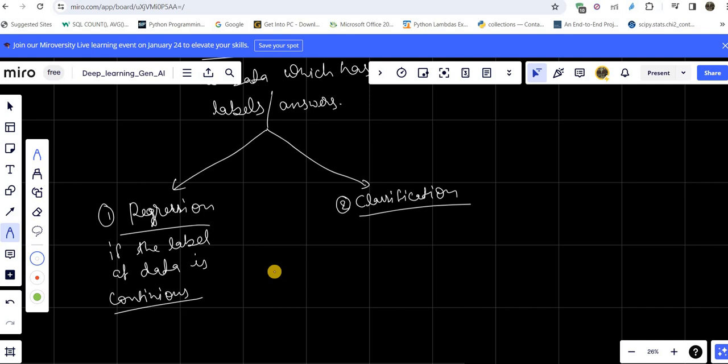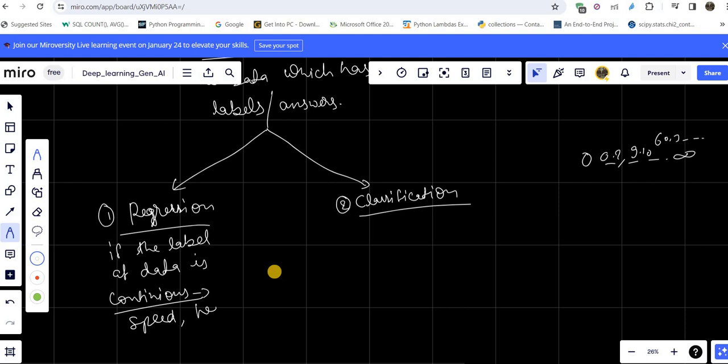Now what does it mean by continuous? Let us suppose speed is continuous data because the speed value could be from 0 to any value. It could be 0, 0.2, 9.10, 60.3, any values.